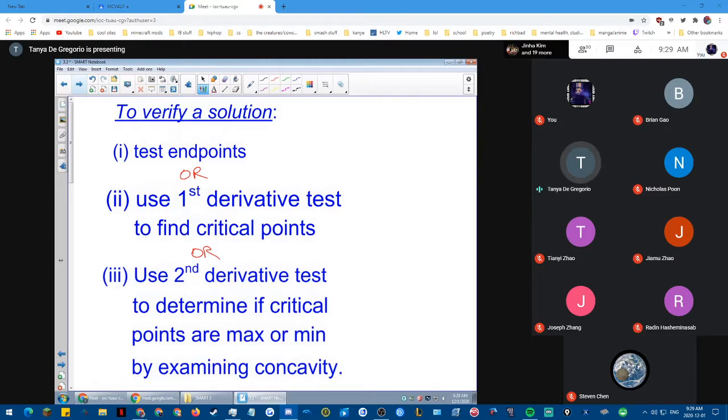These inflection points tell us where a curve is changing from concave up to concave down, which helps us also determine max or min.